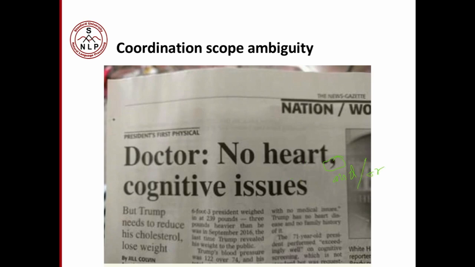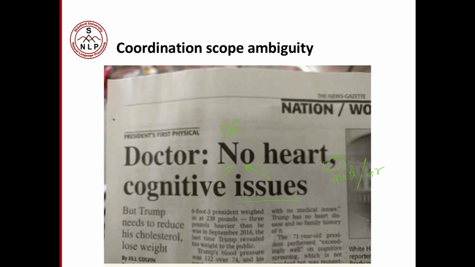Right, so here we have again two possibilities, that either we have issues, and the dependency of issues is that there are no issues, so that's actually a determiner, "no issues", and then it's like "no heart or cognitive issues".